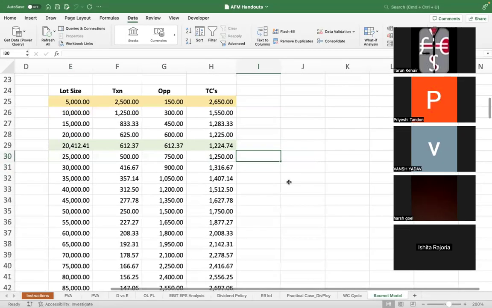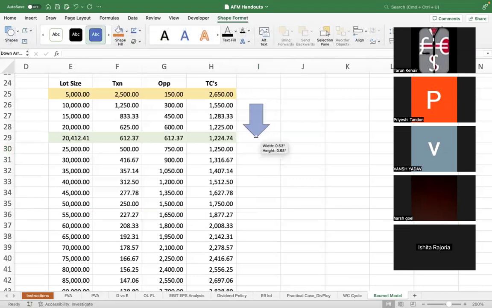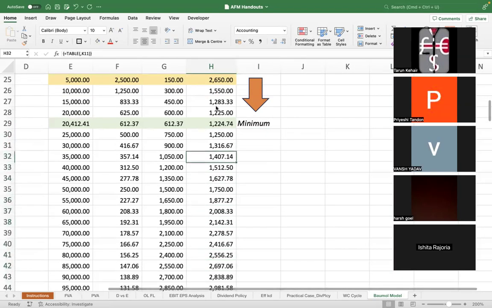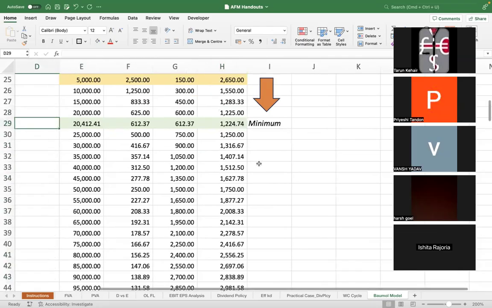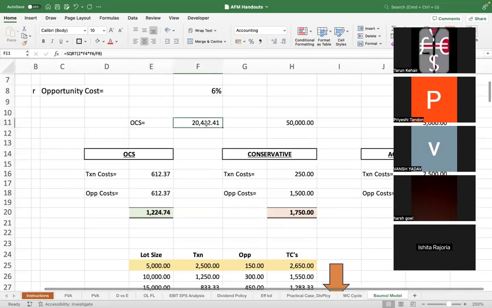Now look at this table carefully. What do you see? First look at the total cost: as your lot size is increasing, what are you seeing? You are seeing that your total costs are falling. Can you see 1550, 1283, 1225, and here it becomes minimum, and after that it starts rising again. And at this point where it is minimum, look at what the lot size is: 20,412.41, which is the optimal cash size based on the Baumol model.